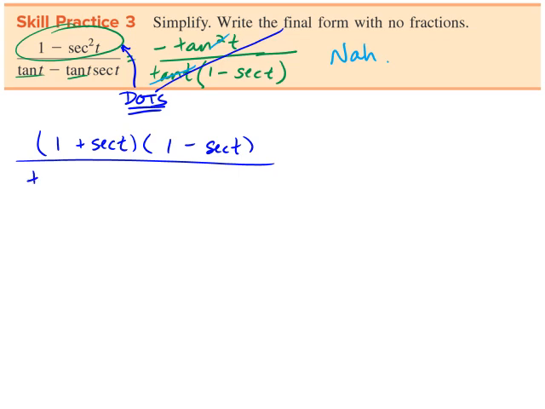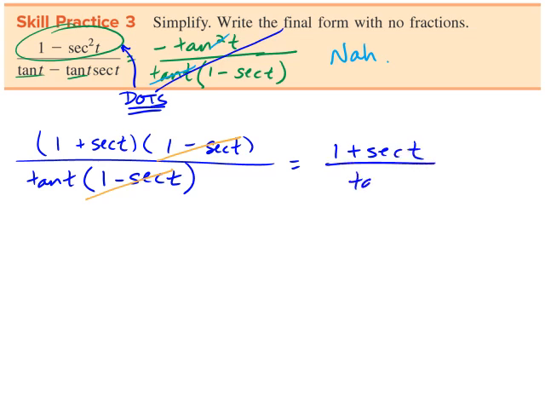I will go ahead and factor out that tangent in the denominator. So again, I'm left with 1 minus secant of t. These factors cancel, so I'm left with 1 plus secant of t over tangent of t.